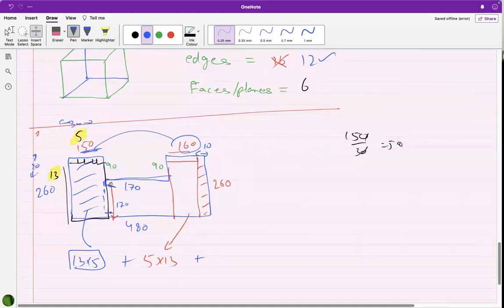So 8 complete tiles and a half. Then on the other side that should be 30. So 170 divided by 30 gives me 5.6. So that means 5 complete, that would be till 150.